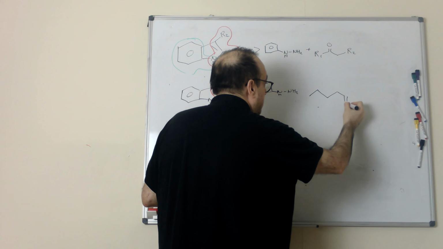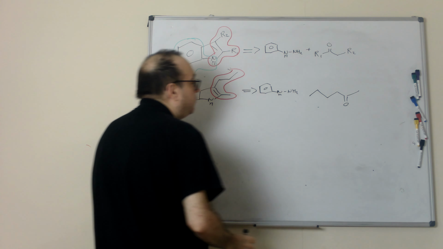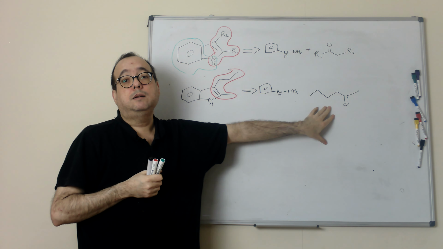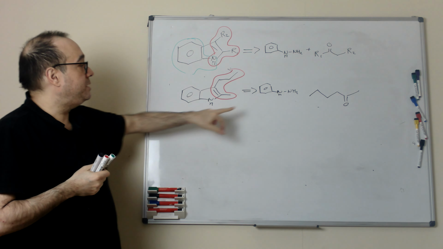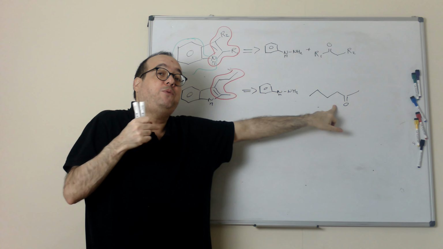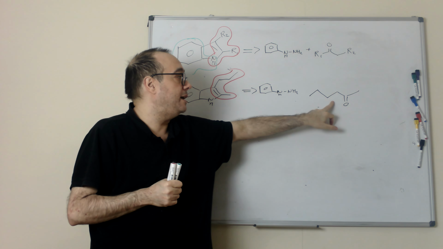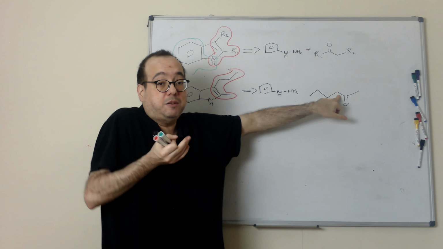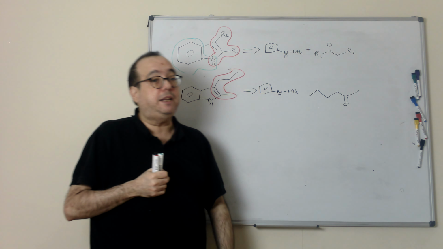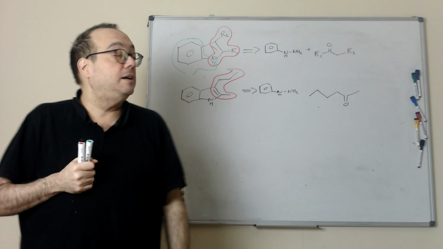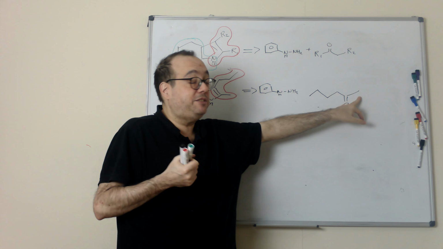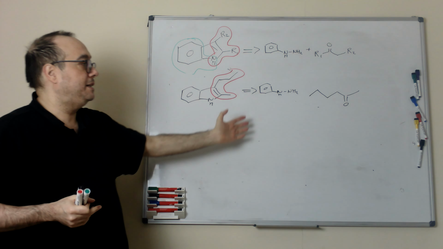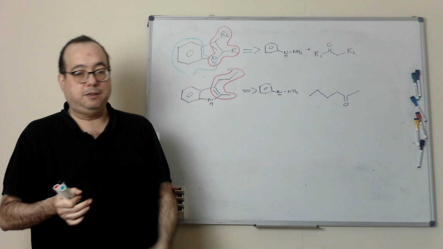If I am not wrong, it is this ketone. If I use this ketone, when I arrive before the sigma-tropic rearrangement, when I am making the enamine, I have two possibilities. The enamine in the internal position will be more stable, and the enamine in the smaller position, the less substituted position, will be the less stable. However, I will have a mixture of products. That means that this will not be a good method.